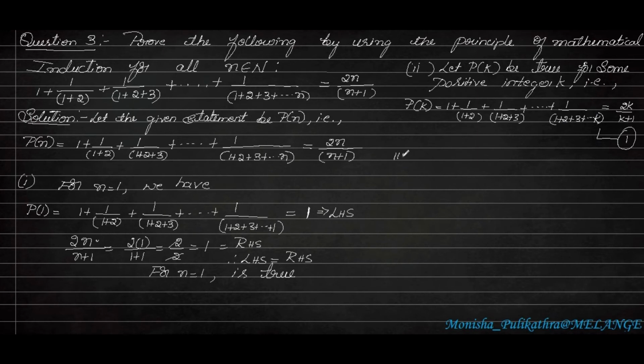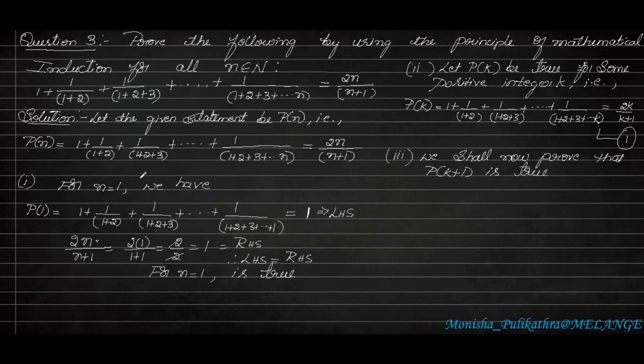So in the third step, this P of k has to be changed to k plus 1. So in the place of P of k, we have to write P of k plus 1. So in the third segment, we shall now prove that P of k plus 1 is true.